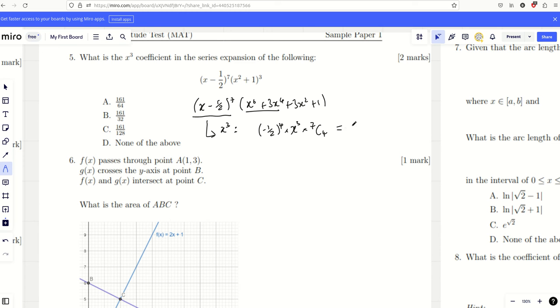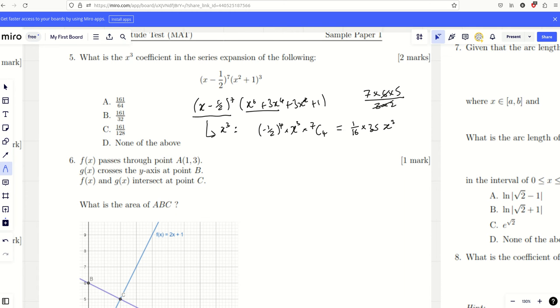Now, that's simply going to be 1/16 times by 7 choose 4. Now, that's like 7 times 6 times 5 over 3 times 2 times 1, isn't it? So cross those 6's out, you can see it's 35. Okay, so we've got 35 over 16.